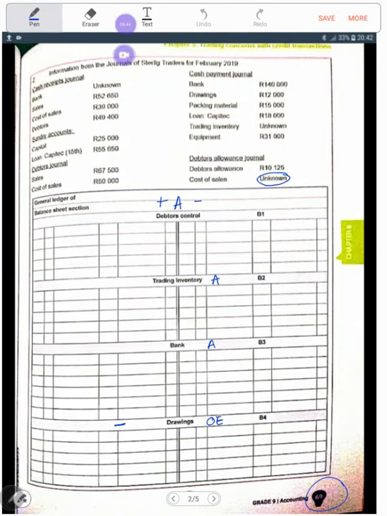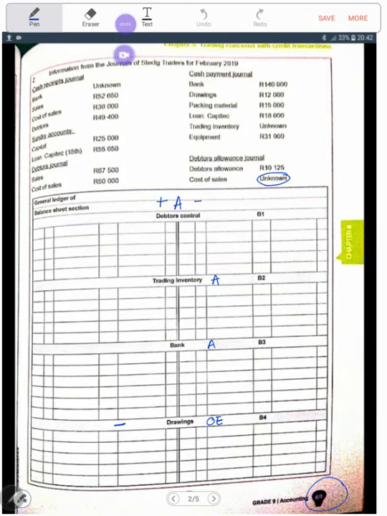If it falls in the nominal account section, like your sales, debtors allowances and cost of sales, your opening total will be total brought down. Alright, please make reference to previous activities that we have completed in the general ledger when you are completing this activity.